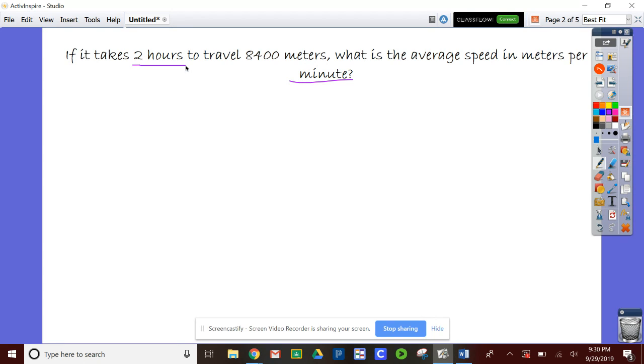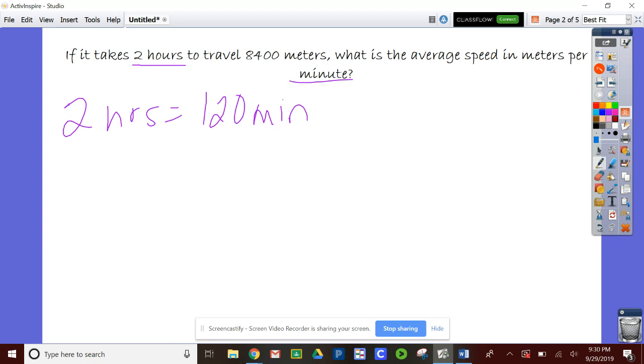So I know 2 hours is 120 minutes. So that's what I need in minutes. And this is one of those where I said, yes, you can switch the order if you need to, because the bigger number on the top does make the division a little easier.